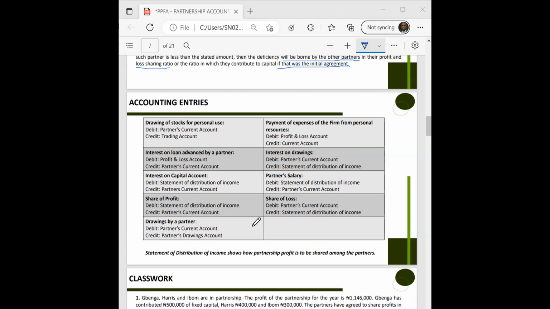The same thing when you are the one earning interest on your capital account, you debit the statement of distribution of income and you credit the partner's current account. So the statement of distribution of income shows how partnership profit is to be shared among the partners.